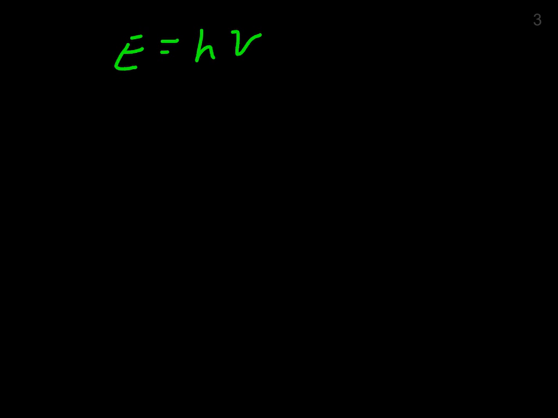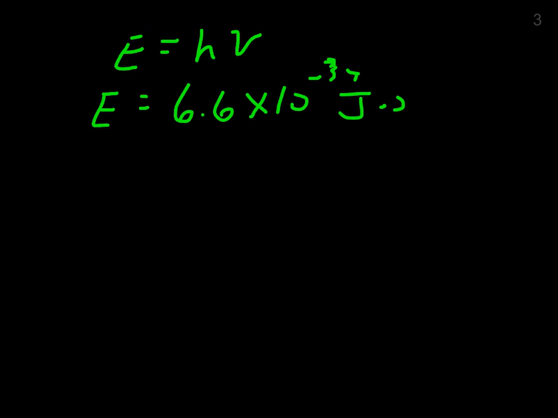The energy is what I want to solve for. h, Planck's constant, is 6.6 times 10 to the negative 34th joule seconds, times the frequency I just figured out in the problem before, which was 6.67 times 10 to the positive 14th.